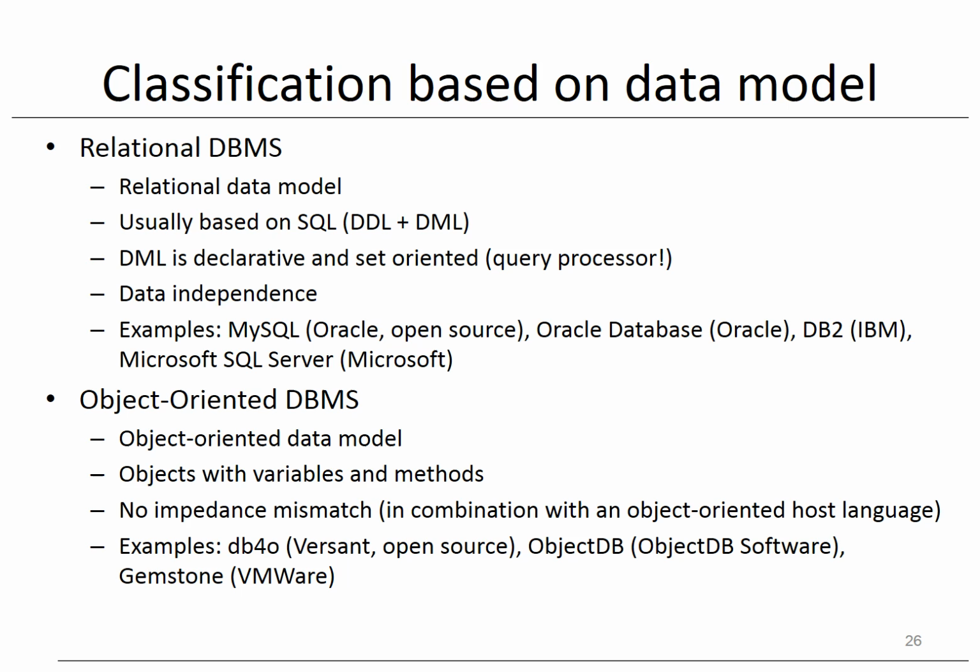Examples of OODBMSs are db4o, which is an open source OODBMS maintained by Versant, ObjectDB from ObjectDB Software, and GemStone from VMware. OODBMSs are not that popular in the industry due to their complexity.